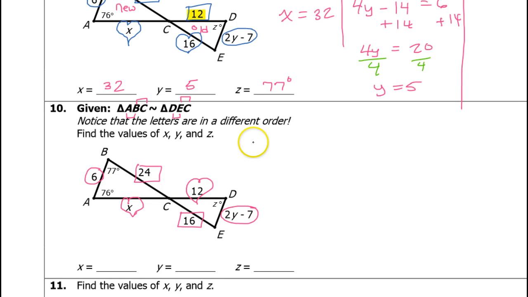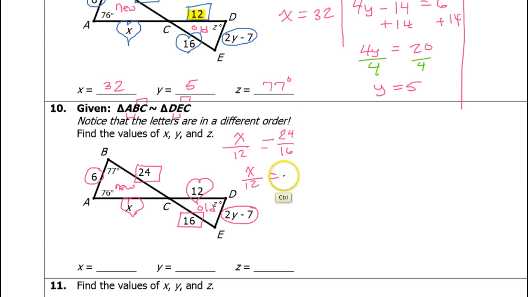So, once again, in order to set up these equations, I need to start by looking for the pair where I have both numbers. The pair where I have both numbers is the 24 and the 16. Once again, I'm going to consider this to be new, and I will consider this to be old. But this time it's 24 over 16. If I want to find x, I need to match up my corresponding sides involving x. So new over old will be x over 12 this time. So that's going to give me x over 12 equals.